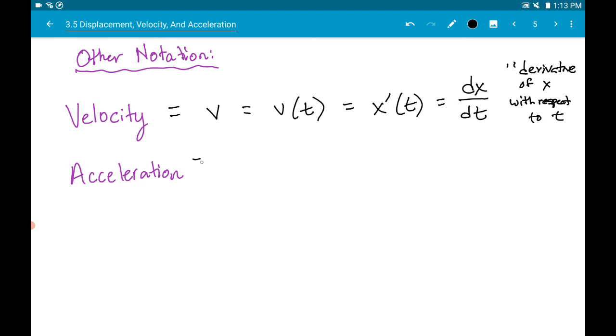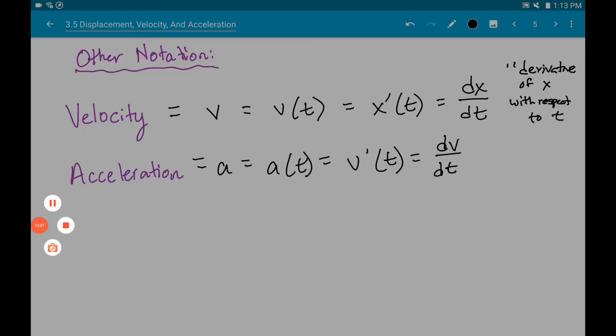And so when you think of acceleration as a, or a of t, or the derivative of velocity, again, it goes by a lot of different names. You could also think of it as dv dt, the derivative of velocity with respect to time. The rate of change of velocity, the derivative of the derivative. Again, it gets kind of confusing.